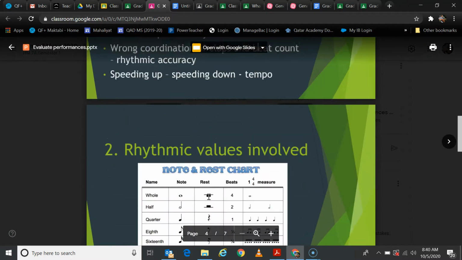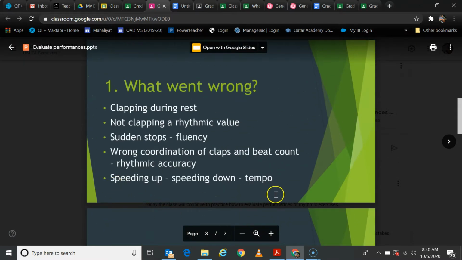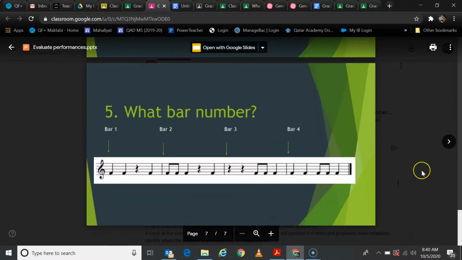And finally, this is very easy to catch. Speeding up or speeding down is a problem of tempo. When you listen to people performing like 1 and 2 and 3 and 4 and 1 and 2 and 3 and 4 and. Notice that I never stopped, okay?